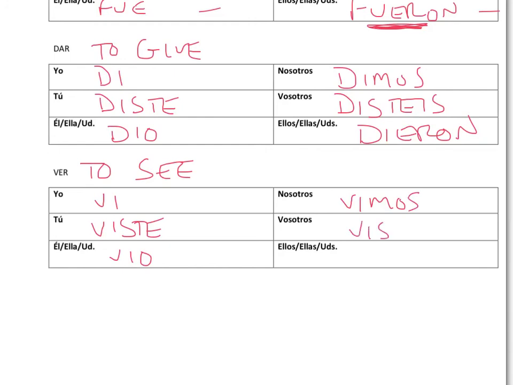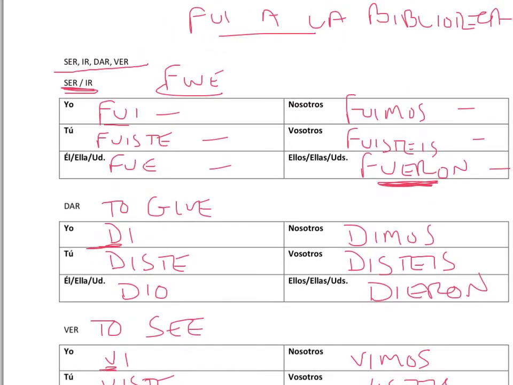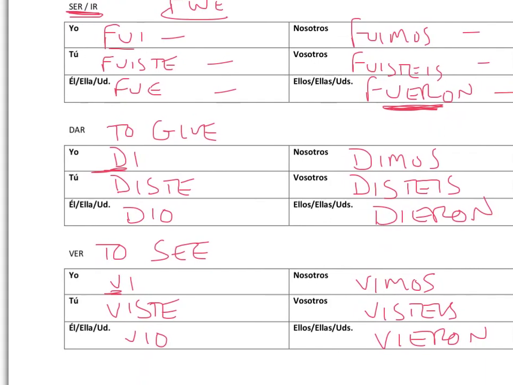Vimos. Visteis and vieron. Good. Okay? As you can see, exactly the same. The only thing is we're replacing these D's with V's. So really, with these irregulars, there's only 2 conjugations you really need to know for 4 verbs.